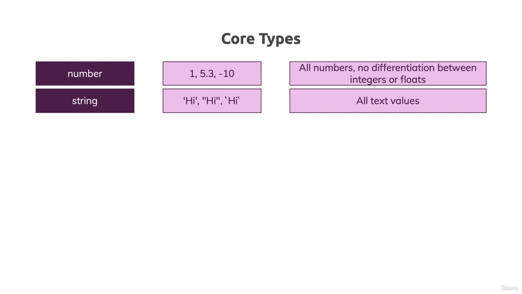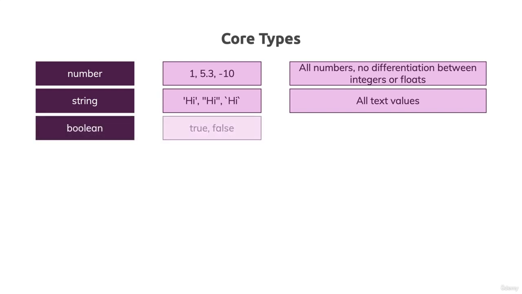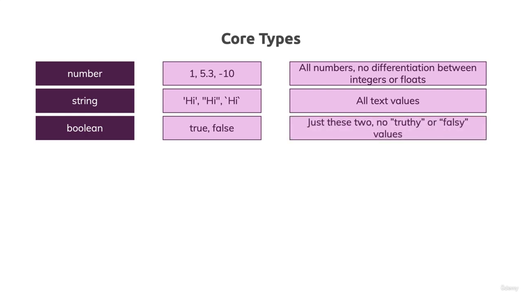Last but not least, one of the core data types JavaScript knows and TypeScript also supports is the Boolean data type. That would be true or false, and that's super important in programming, obviously, especially when working with if statements. Here we got these two values, and that's important because in JavaScript you also might know this idea of truthy and falsy values. For example, that 0, the number 0, is a falsy value.